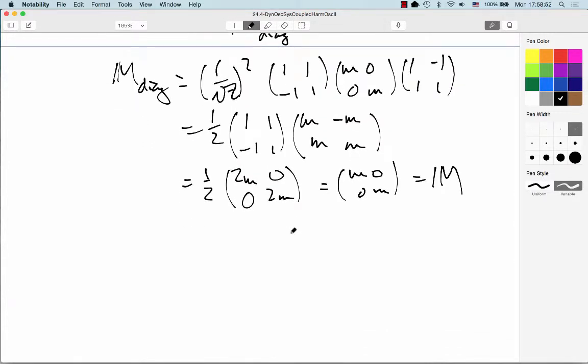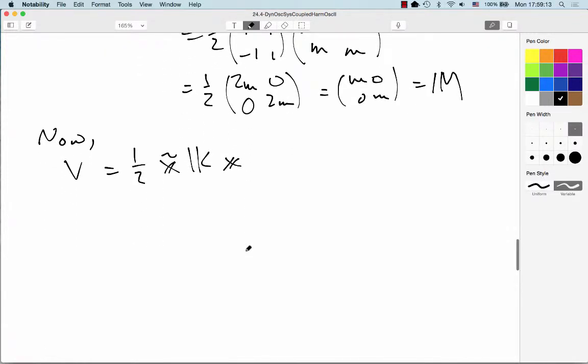All right. Now it'll turn out that for the K's, we'll get a lot cleaner matrix to play with, and that's why working in this basis is going to be useful. So we'll write our potential energy as 1/2 x twiddle K x, and we'll do the same transformation here.